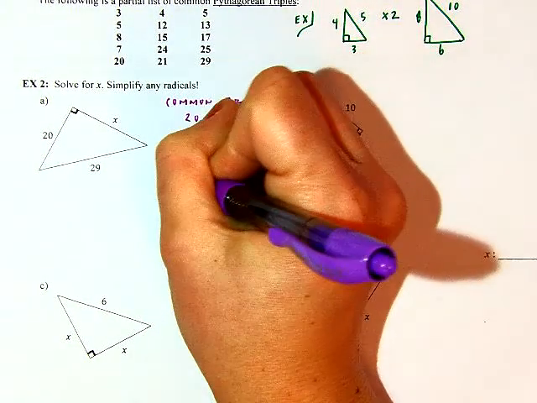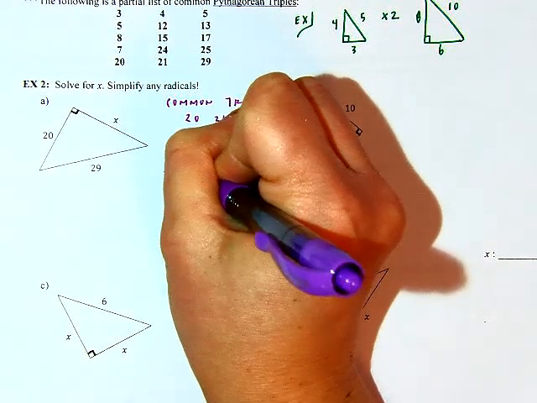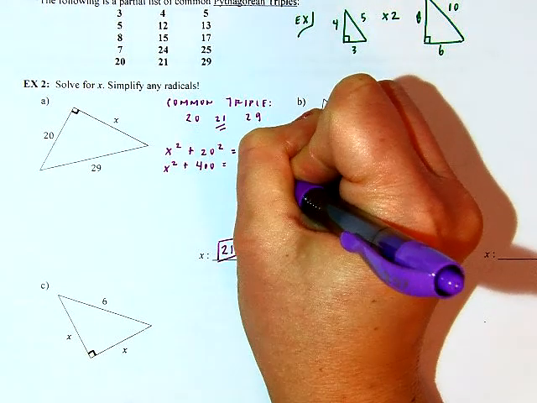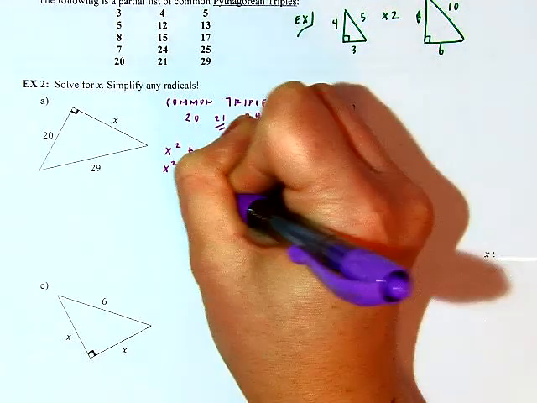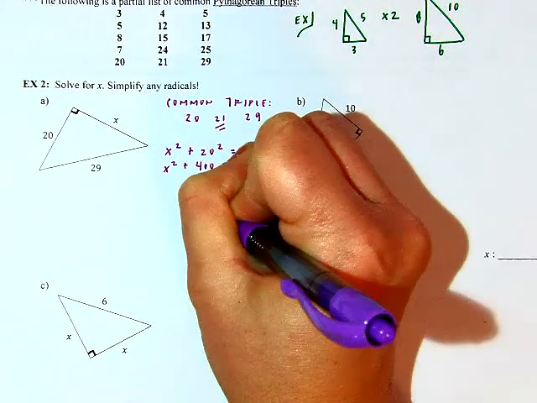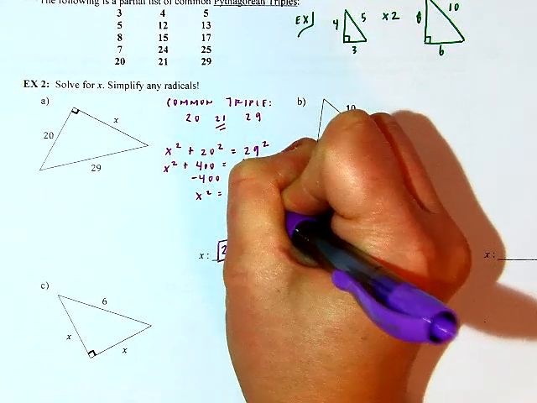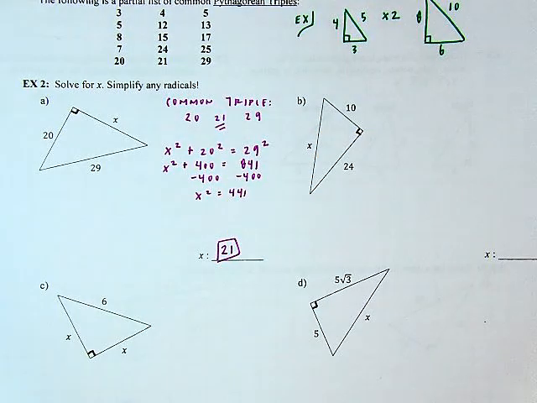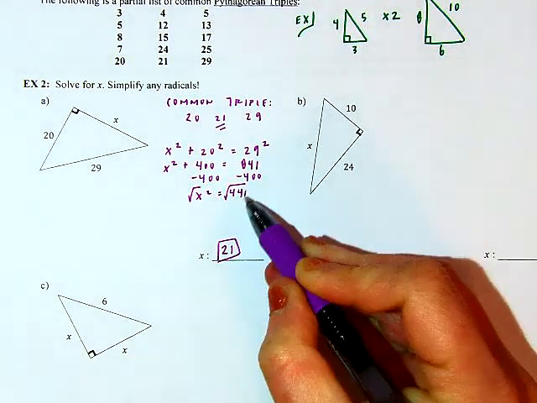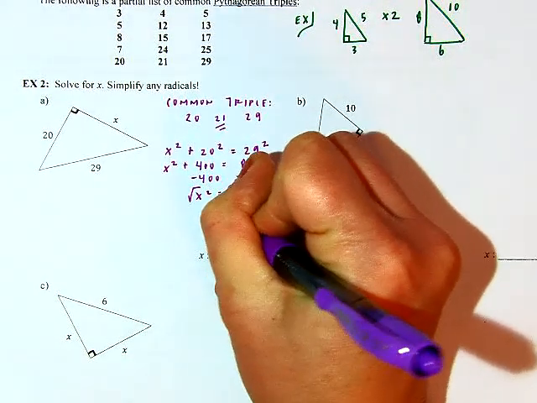Okay, so let's say that I keep going. So now I have x squared plus 400 equals 841. Okay, and I'm going to take away the 400. So x squared equals 441. Okay, and then if I solve by taking the square root, 441 is a perfect square.